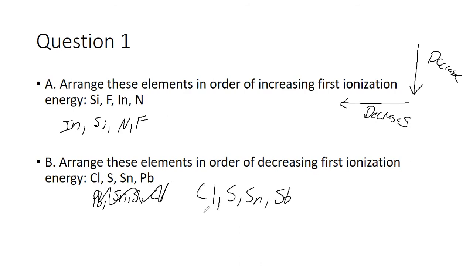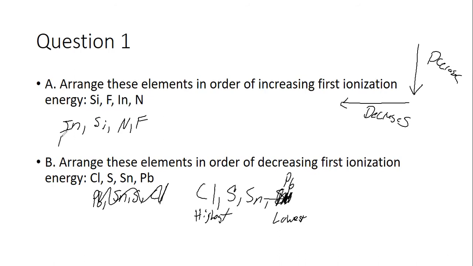So chlorine's your highest. Lead is your lowest. Tin, not Sn, not Sb. I cannot write anymore. So it should be chlorine, sulfur, tin, lead. Yeah, Pb. There we go. Lead. So chlorine, sulfur, tin, lead.